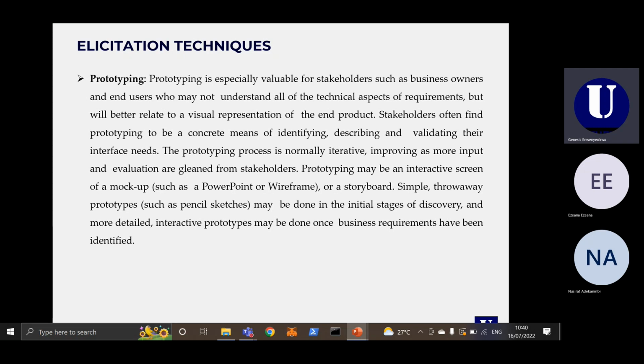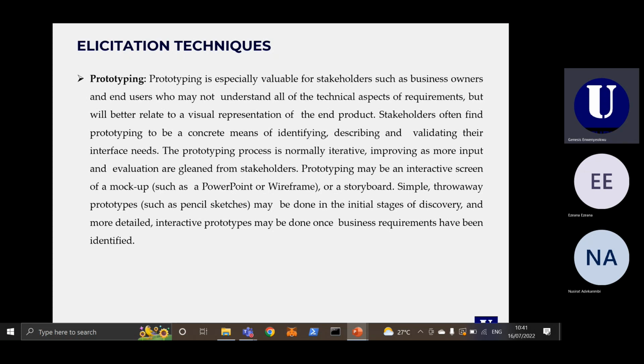And it is very valuable to stakeholders such as business owners and end users who may not understand all the technical aspects of the requirements, but they will be better suited, or glad, to relate to a visual representation of the end product. Stakeholders often find prototyping to be a concrete means of identifying, describing, and validating their interface needs.